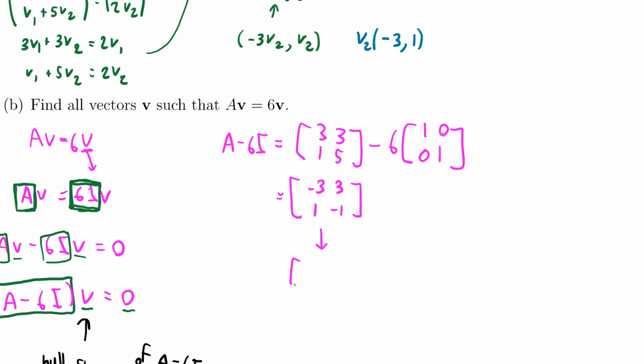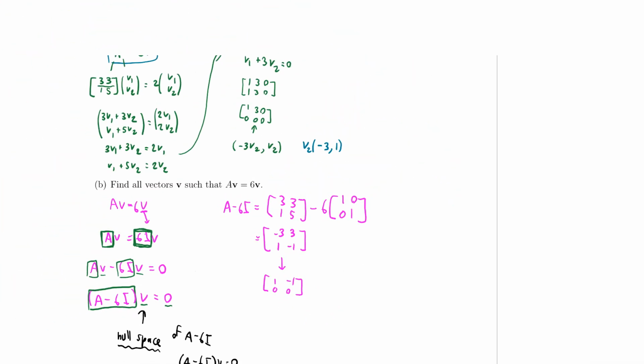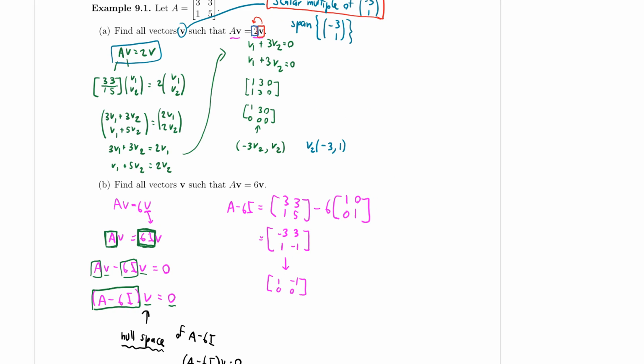This is going to be 1, negative 1 and 0, 0. So that means the null space for this, which is going to be all the vectors v that make A v equal to 6v, is going to be the null space for this. The null space for the matrix A minus 6I is going to be the same as the null space for this matrix here, which would be just the span of the vector 1, 1.